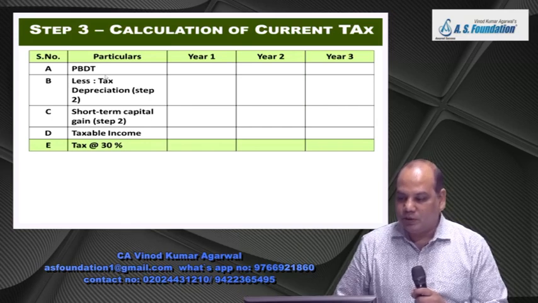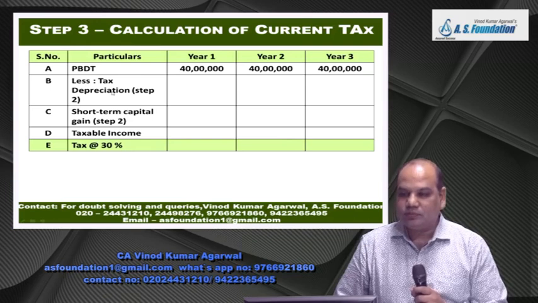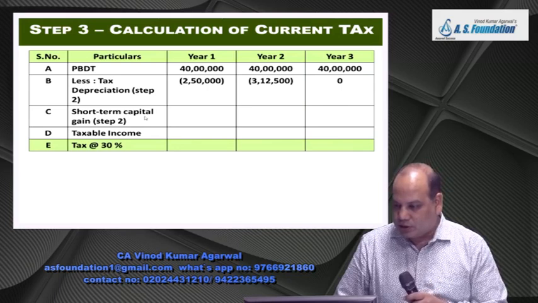Point A, write down PBDT. In all 3 columns, write 40 lakhs, 40 lakh, 40 lakh. Less tax depreciation. Tax depreciation in first year, 2,50,000. Second year, 3,12,500. Third year, 0.